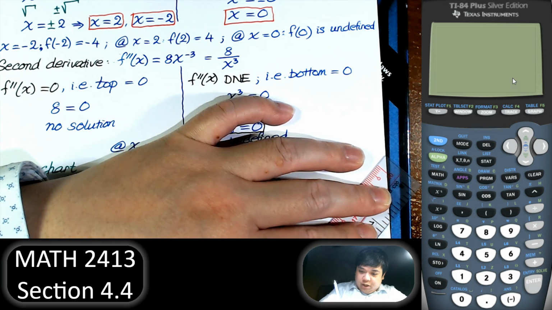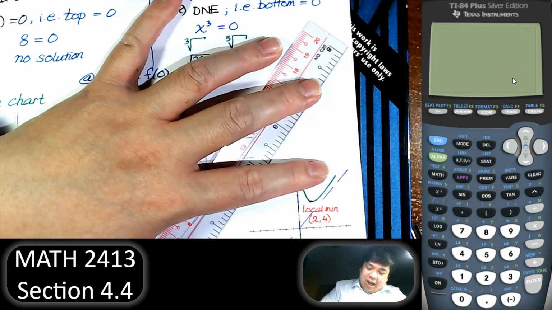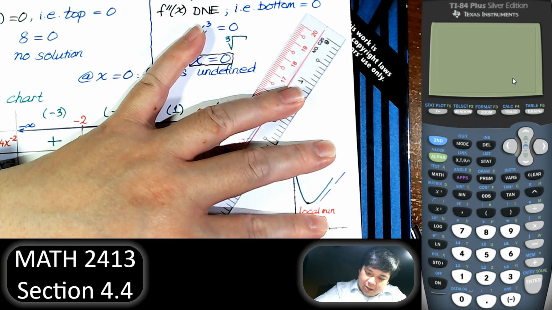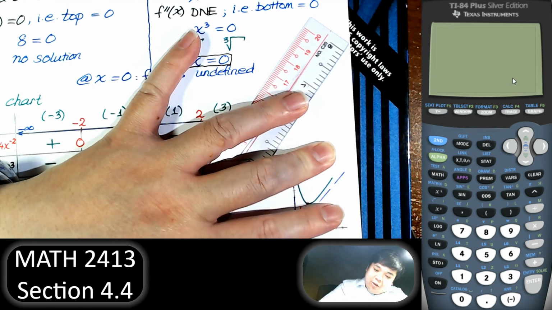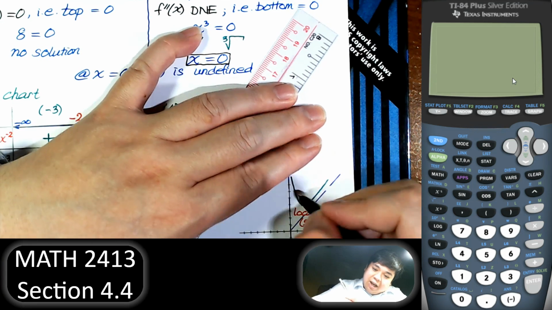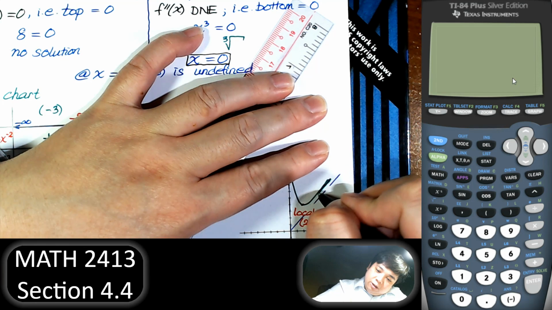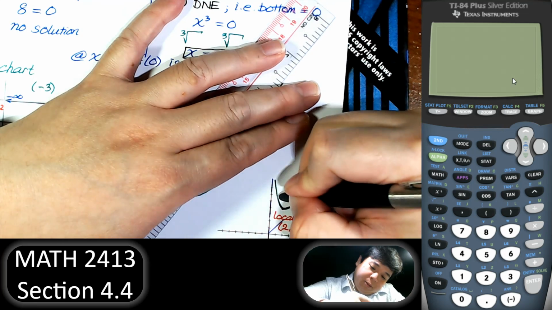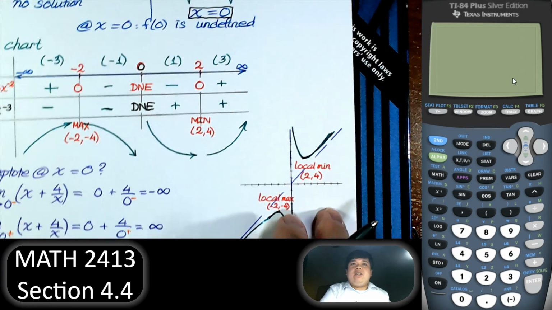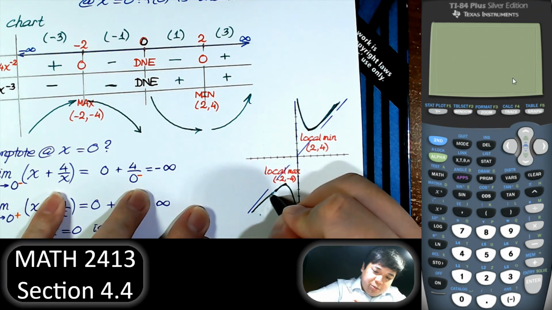So actually we should do this first. The graph actually will approach that asymptote. Of course, that's not important, but I just want to make it precise.